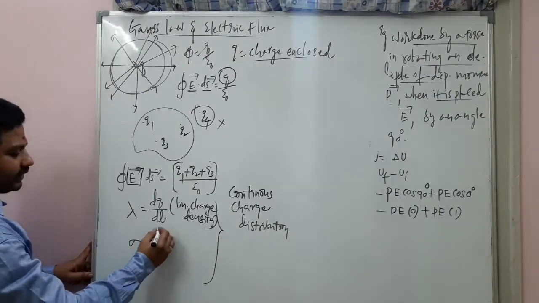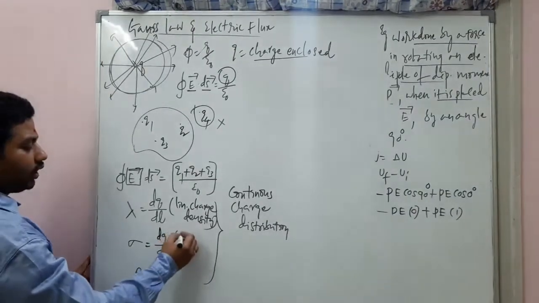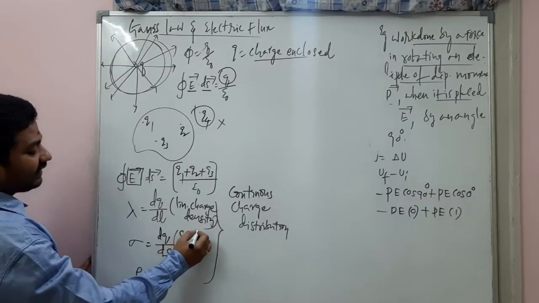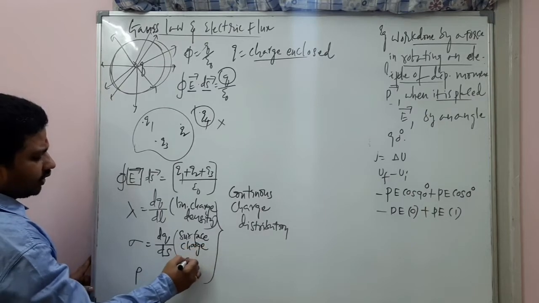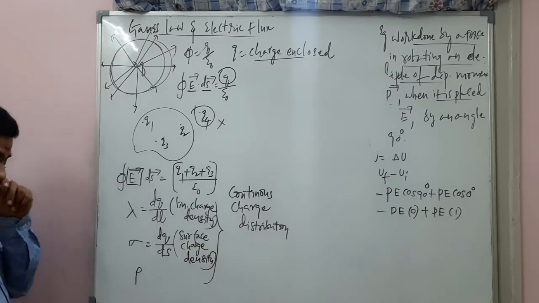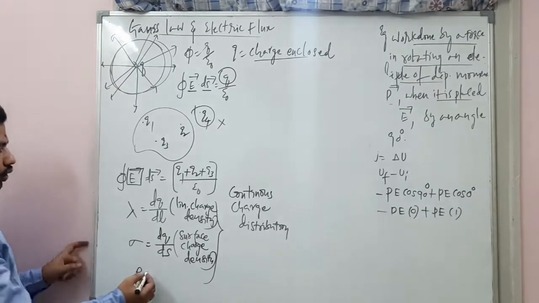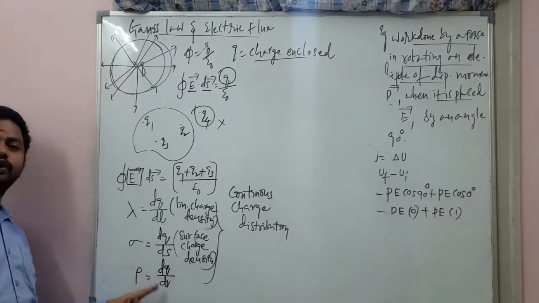And sigma is charge per unit area. This is called surface charge density. And the last one, rho. Rho is dq by dv, charge per unit volume.